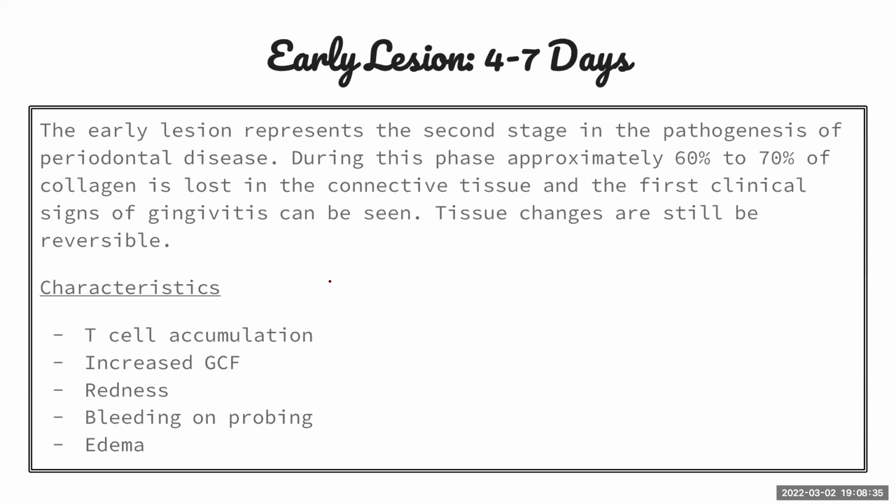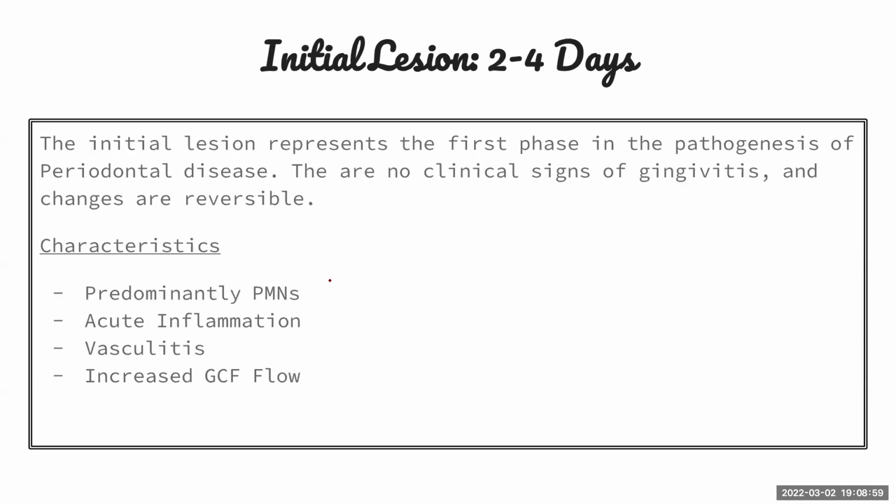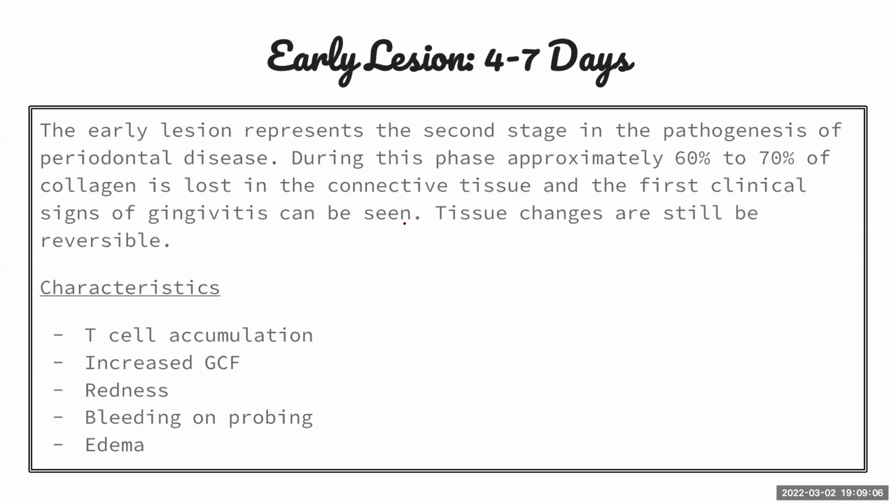Your early lesion represents the second stage, and in that phase approximately 60 to 70% of the collagen is lost in that connective tissue. So think about that sulcular epithelium. That collagen is being lost, and it's the first clinical signs of gingivitis. It's still reversible. So the initial lesion, 2 to 4 days, is subclinical. Early lesion is the first clinical signs of gingivitis.